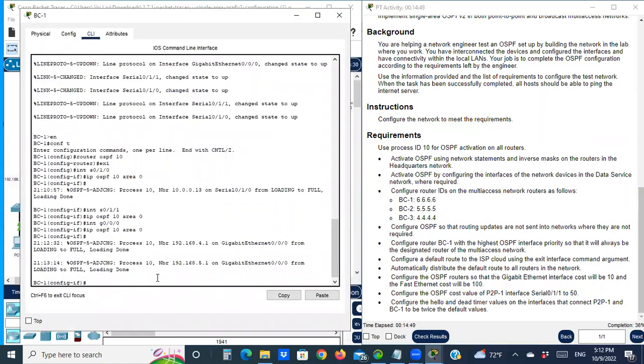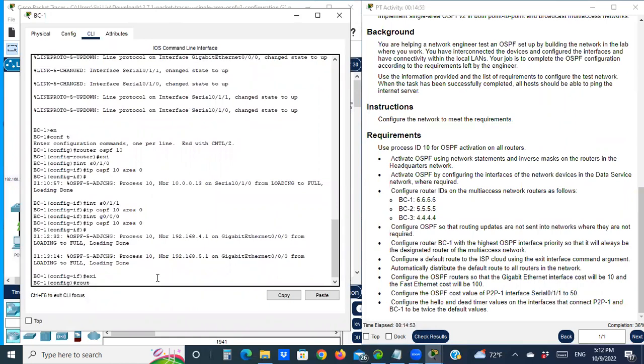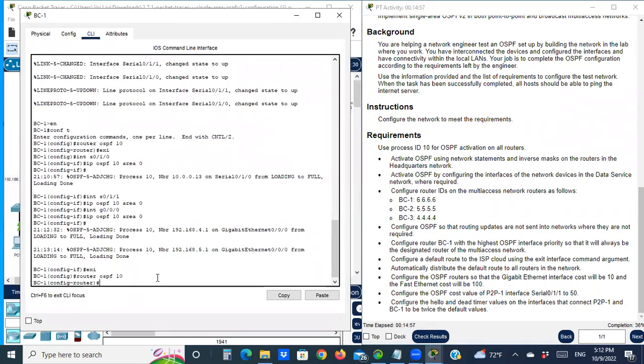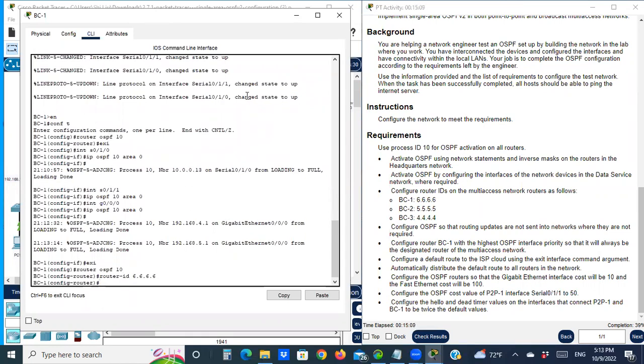Let's go to router OSPF 10, the router configuration mode, and set the router ID 6.6.6.6. All right.